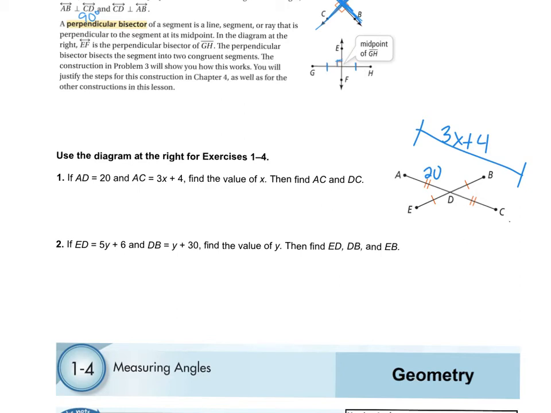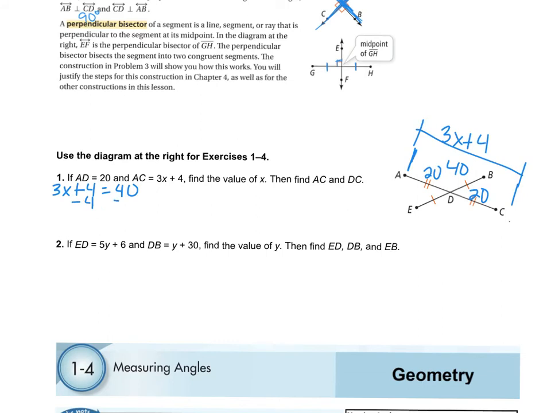Well, if AD equals 20 and it's congruent to DC, DC also has to equal 20. So 20 plus 20 tells me that whole thing is 40. So I need to do 3x plus 4 equals 40.